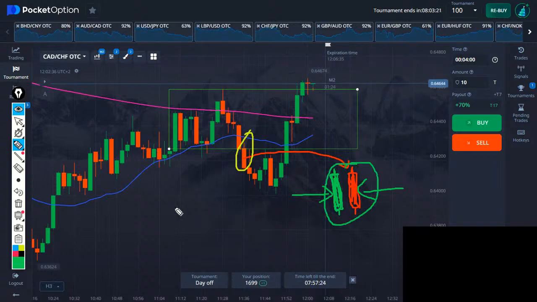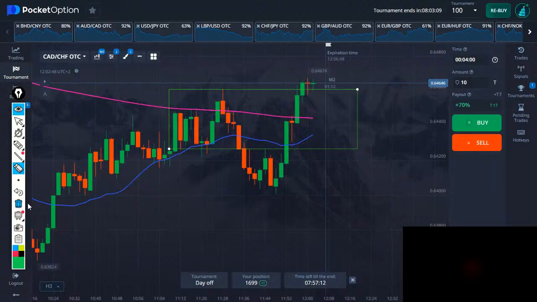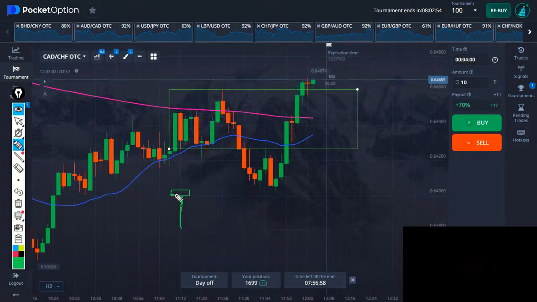Second signal, if you are going for buys, if you see this shape, hold on. If you see this shape forming, long wick, and the small body at the top. If you see this pattern, this is a huge signal also.